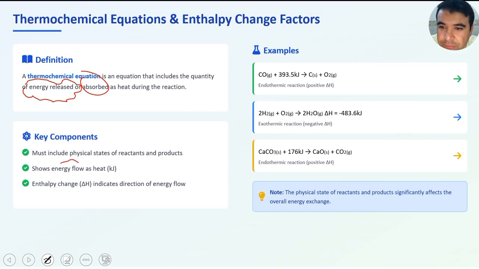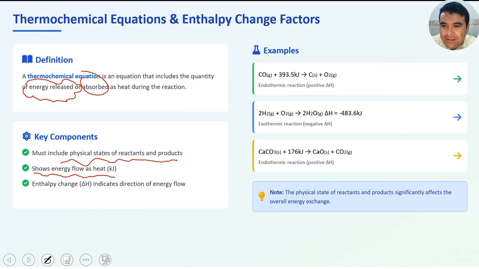It must include the physical states of reactants and products, because in a thermochemical equation, if we change the states of the reactants and products, that's going to change the enthalpy change. It also shows energy flow as heat. We use the thermochemical equation to indicate whether it's an exothermic or endothermic process.